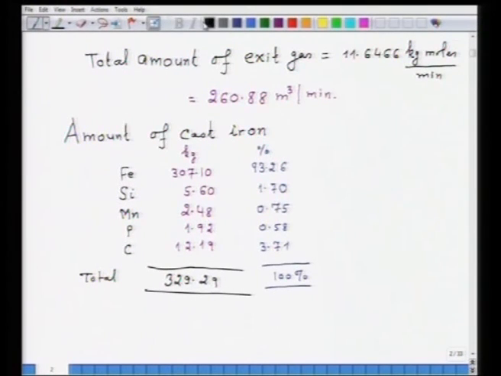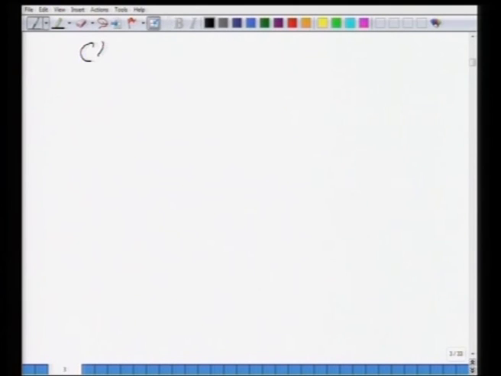Now, it is also being asked what the charge balance is for 5-hour operation. So, I am making the charge balance for 5-hour operation. That means, if the cupola operates for 5 hours, how much charge we have to keep in reserve.